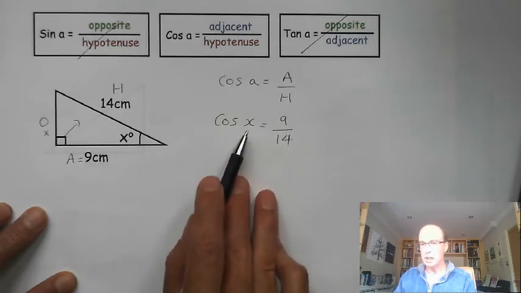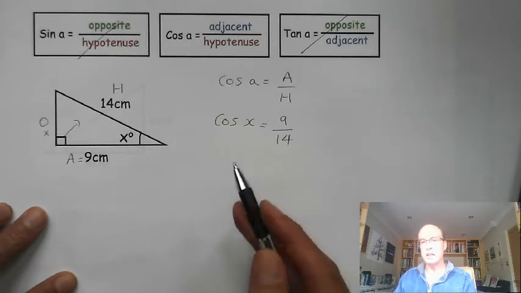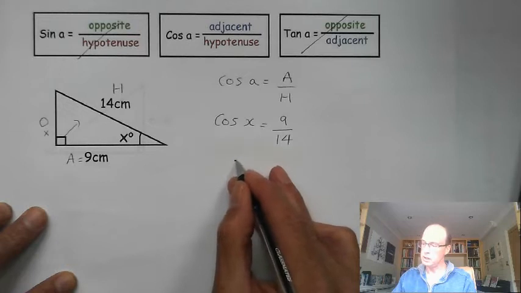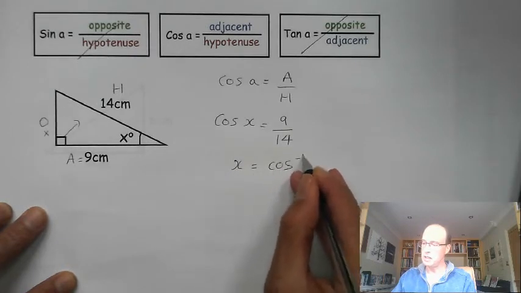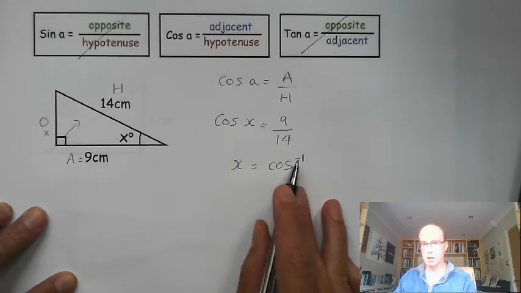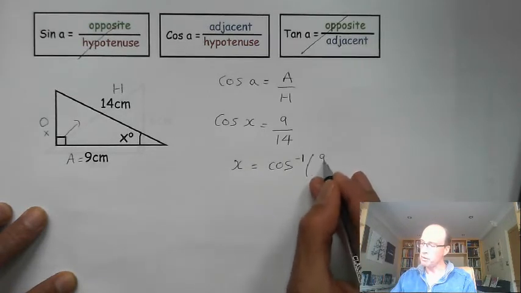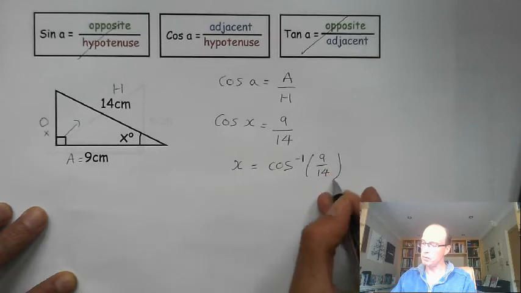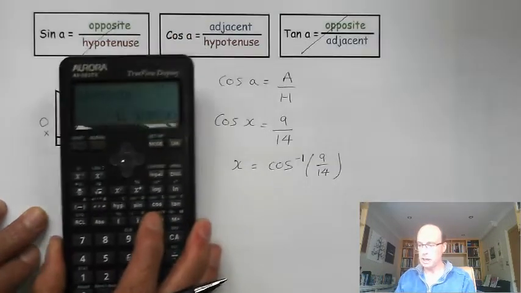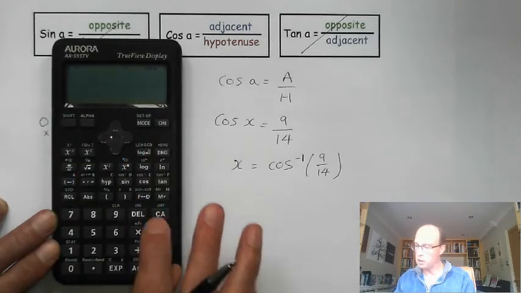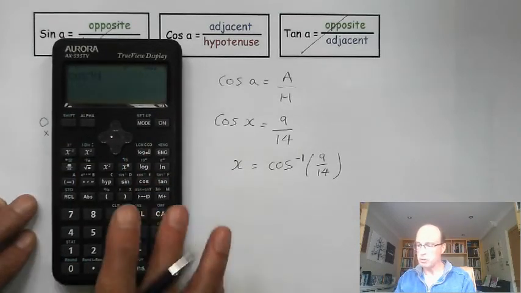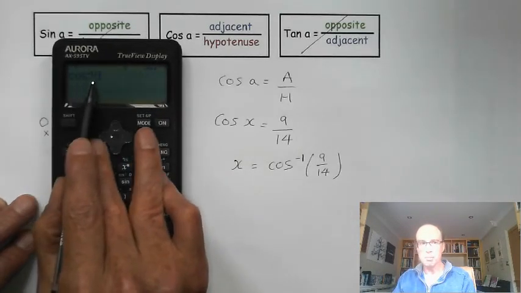So I know what the cosine is. I need to use the inverse cos function. So this is going to tell me that my angle X is equal to the inverse cos, so cos to the minus 1 of my value of 9 over 14. Need my calculator again. So we're going to do the shift button with the cos function, so it gives me cos to the minus 1.